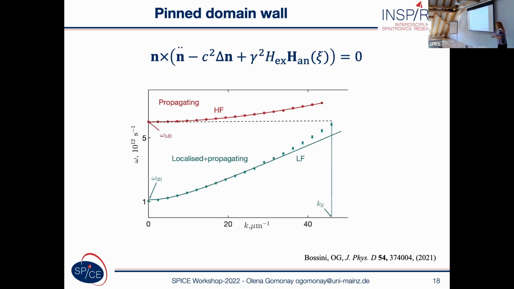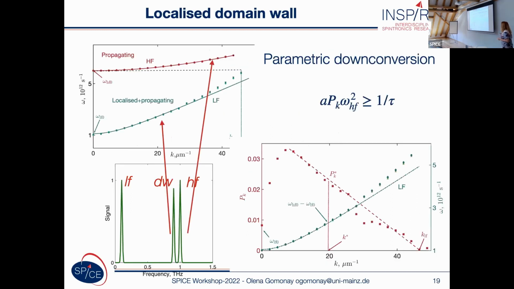What does it mean? The magnetic system is a nonlinear system, and if we excite one of the magnon modes by applying optical pulses, then we can also excite oscillations of the domain wall. And these oscillations of the domain wall, through parametric resonance, for example, can excite other modes.